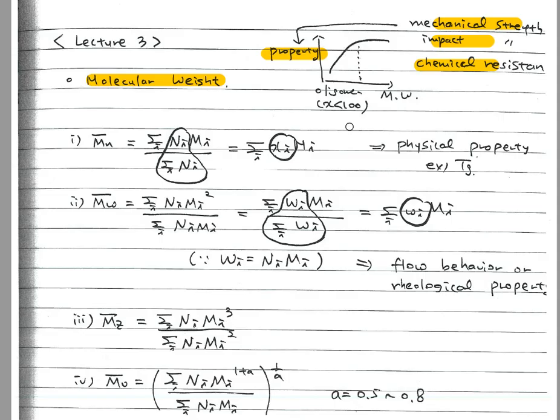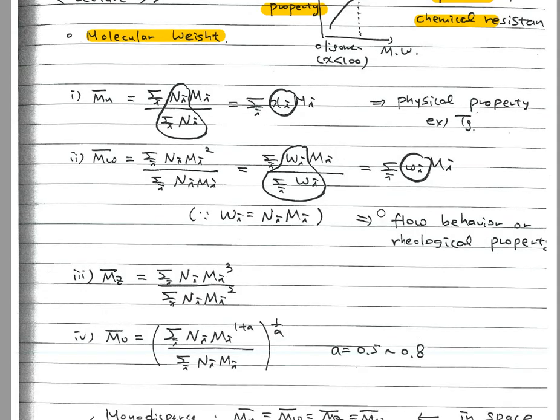Which means that the molecular weight of polymers, unlike that of small molecules, has a distribution or an average value. And there are 4 different kinds of average molecular weight of polymers. We already have seen these 4 different kinds, right? Number average, weight average, Z average, and viscosity average molecular weight of polymers.